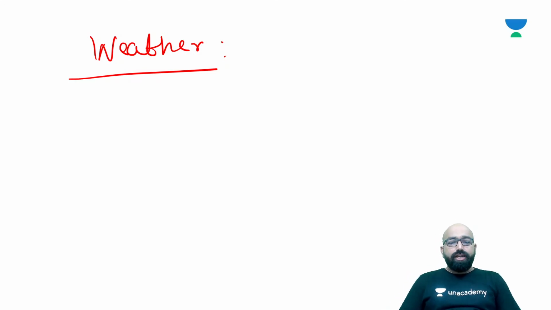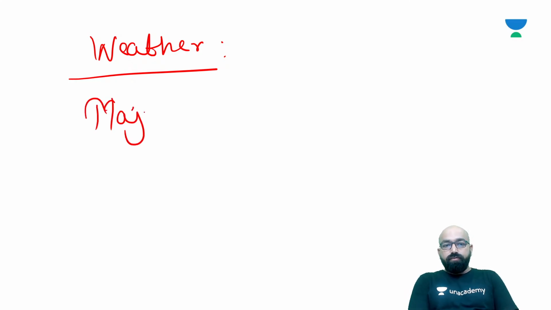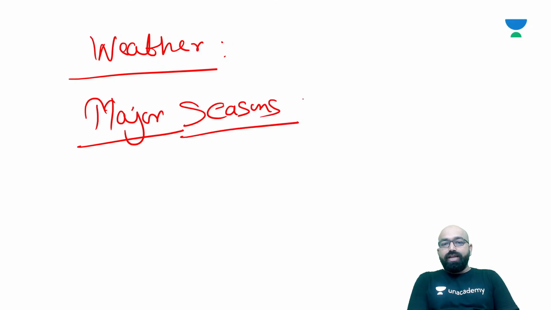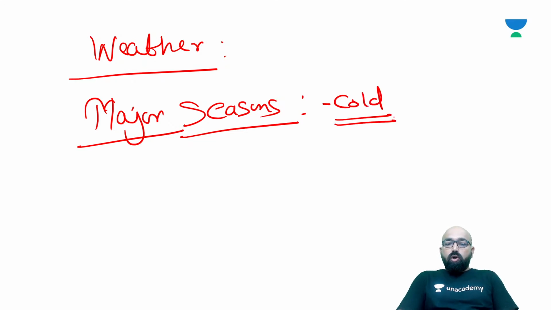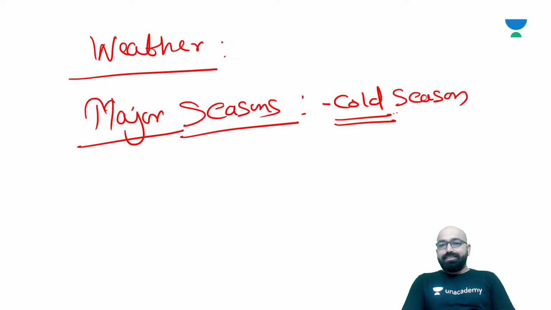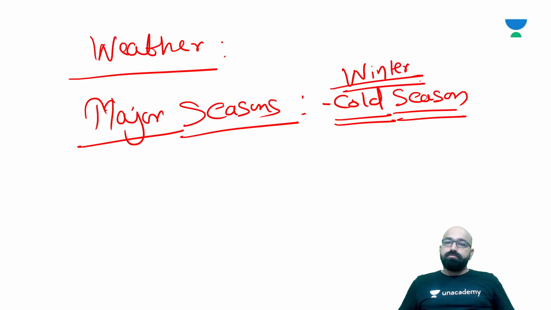So, after the discussion of weather, when we are talking about major seasons recognized in India, the first is the cold weather season, that is winter, which is from December to February.